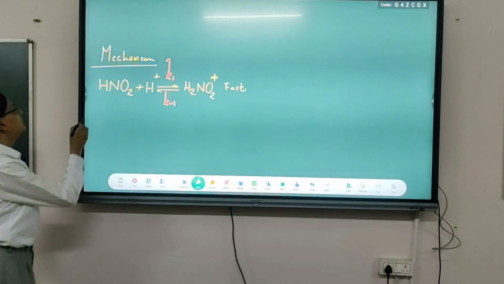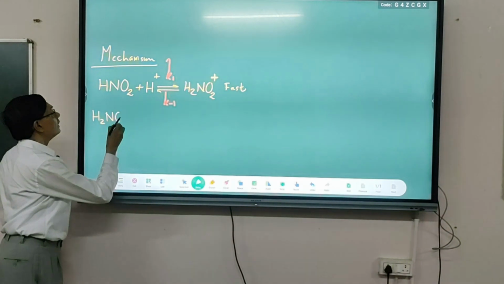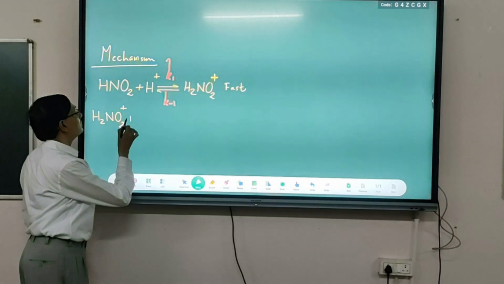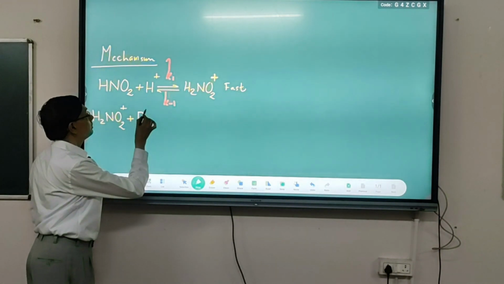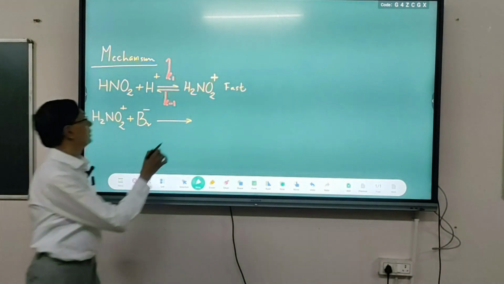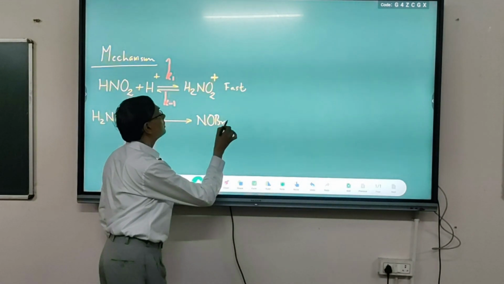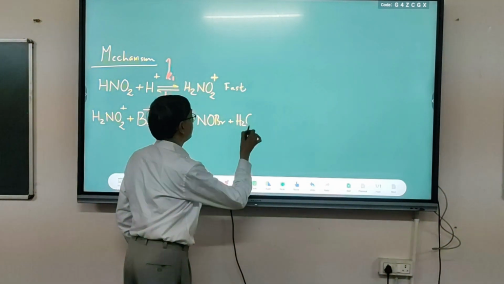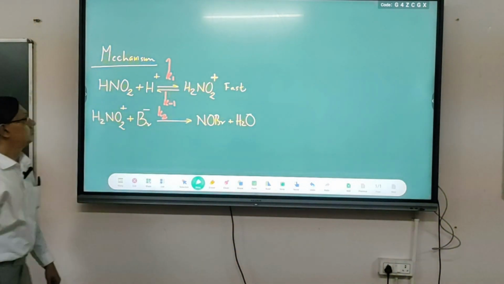Now the second step: H2NO2 plus reacts with the bromine catalyst to form NOBr plus H2O, and similarly the rate constant is k2.